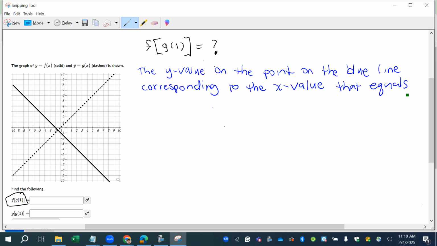So I'm going to use green now because we're going to start talking about the g function since that's what's on the inside. Normally, when we see this notation representing the blue line, this blue line right here is the function f, or f of x is the longer way to say that, letting us know that each y value on this blue line is tied to a specific x value.